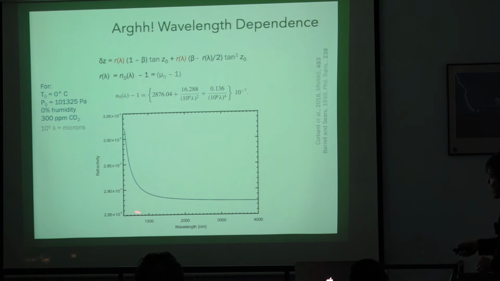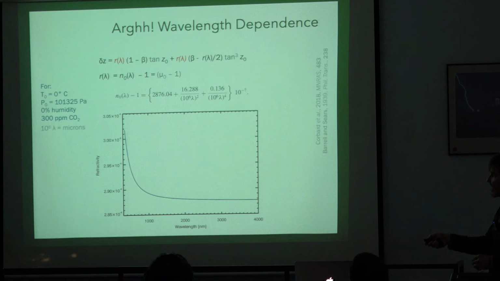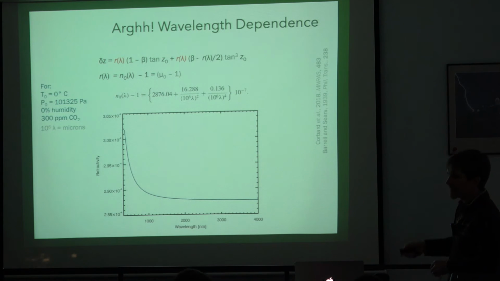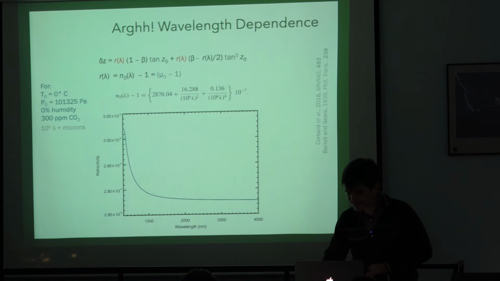So this is wavelength down here, so we're down here at 4,000, 3,000 angstroms. This is the magnitude of the refractive index over here, the refractivity, and then it drops down, and as we get out into the infrared, this problem's much less, but if we're observing anywhere down in the visible, the refractivity is quite high.